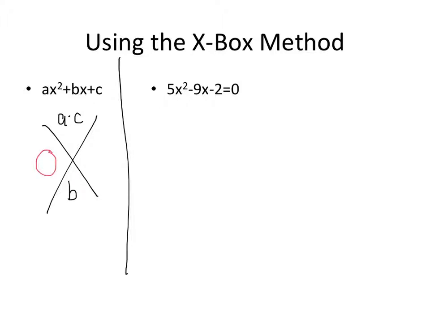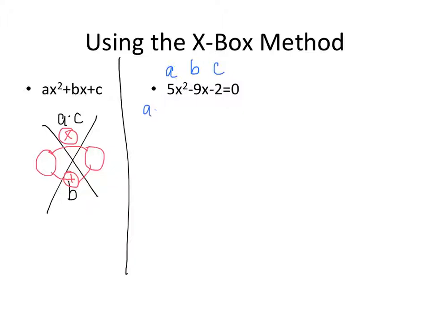The two numbers on the side will multiply to be a times c, and add up to become b. So let's go ahead and try this with the equation that we have over here. Here we have 5x squared, so that's a, minus 9x, so this is b, minus 2, and that's our c.